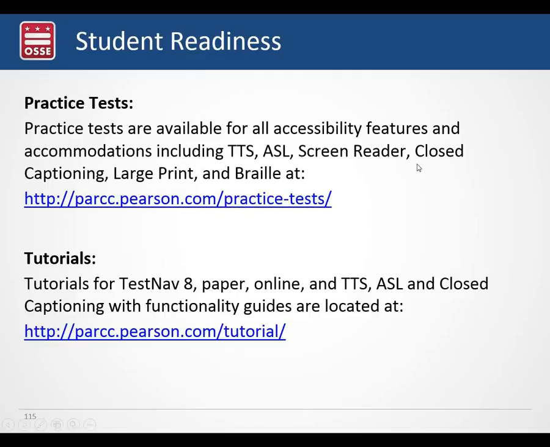So you can click that and students can access that. It's a public site that can be accessed just in a browser, and they can take a look at those practice tests there. Again, you'd want to use Pearson Access Next if you're running an infrastructure trial, but for just getting students ready and playing with the tools and maybe checking out some of the accommodated forms, the text-to-speech, the ASL form, et cetera, you could go to this site.